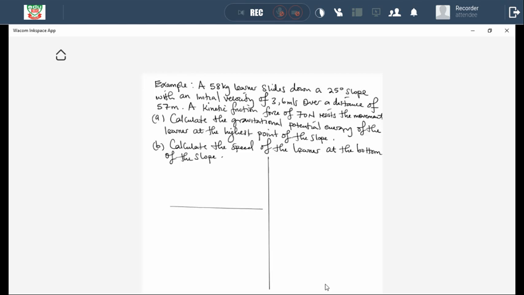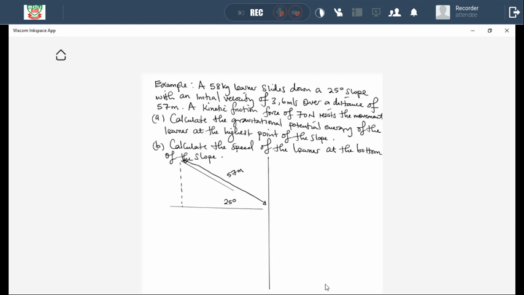So we are having something of this nature. Good. This is the height, and then from here to here, the examiner said it's 57 meters, and this angle is 25 degrees.